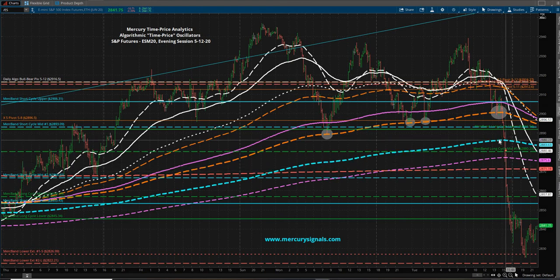But this was the problem right here. And when that broke, I mean, you can see over here, this goes back to Thursday last week. And you can see how important this level was. And you did all this nonsense up here, and then it broke. All of this support here, gone in the blink of an eye.